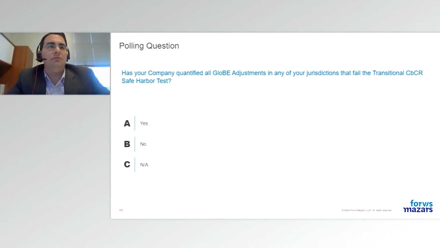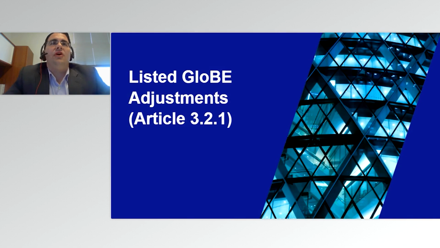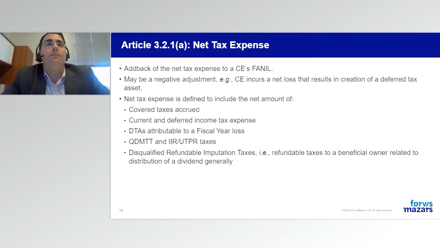So good to know. Let's start with the listed GloBE adjustments under Article 3.2.1. What we mean by that is these are the ones that are actually spelled out in the Article 3 rules. So the very first one is net tax expense. Article 3 requires that you add back any net tax expense to a constituent entity's FANL, right?